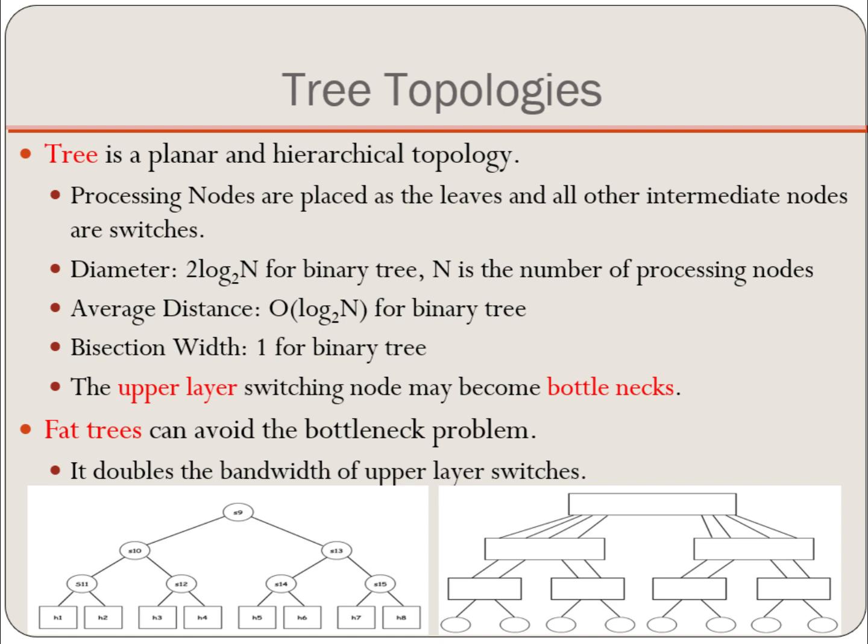If you design the system this way, the upper layer is switching nodes and the nodes down here are the processing nodes. And because a lot of traffic goes through this, especially, for example, if the nodes in this half want to communicate with nodes in the other half, they all need to go to the root node and then go down.